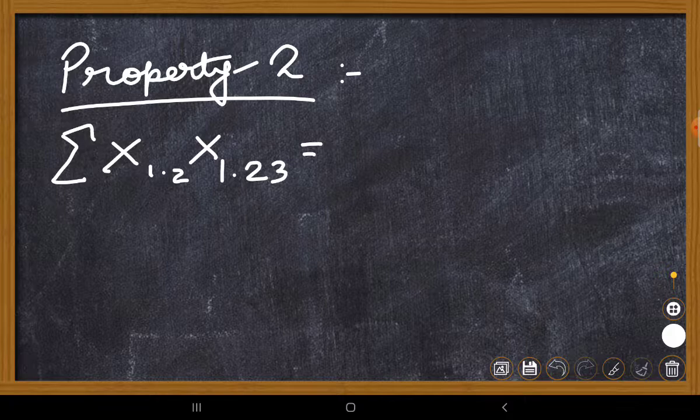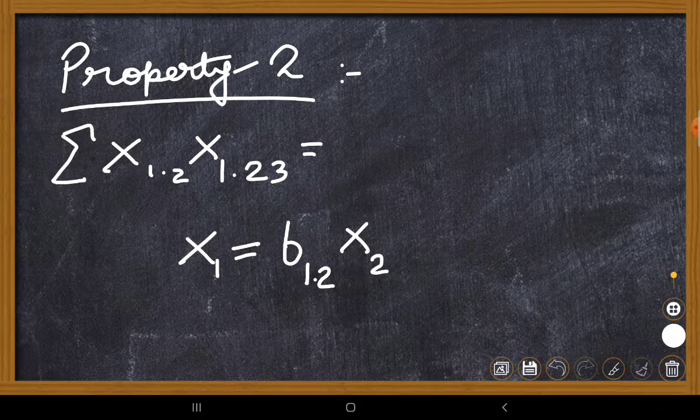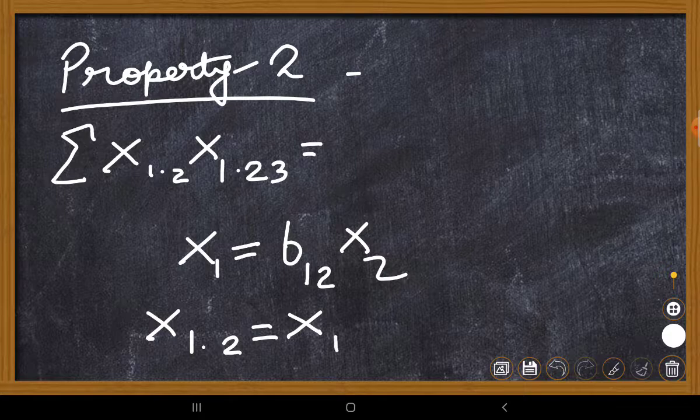So the regression line will be given by x1 equal to b12 x2. So the residual x1.2 will simply be x1 minus b12 x2.